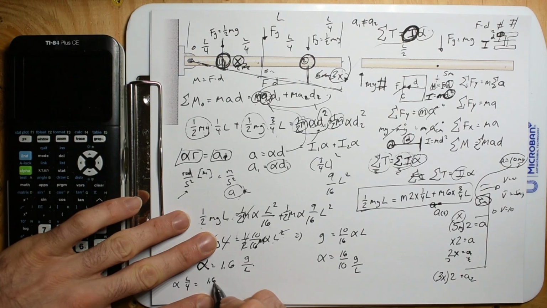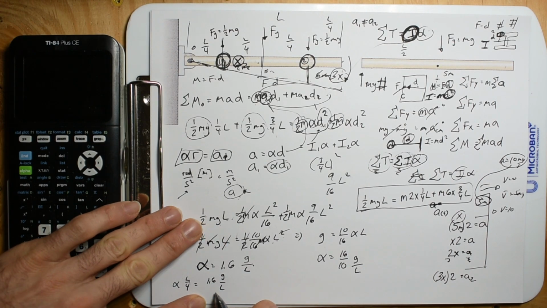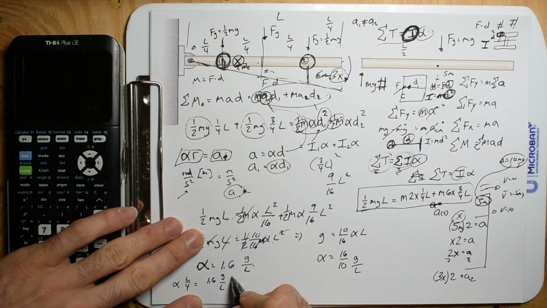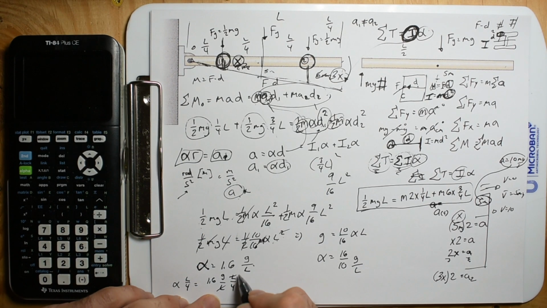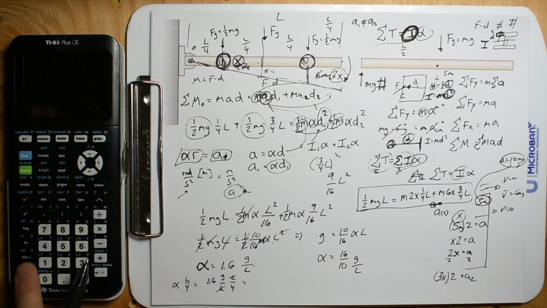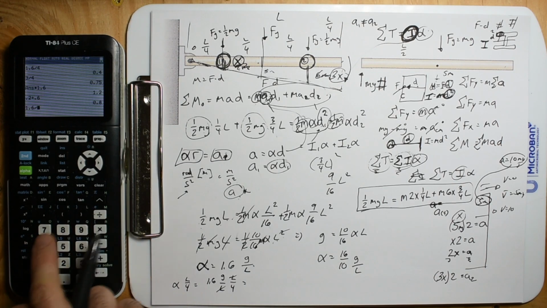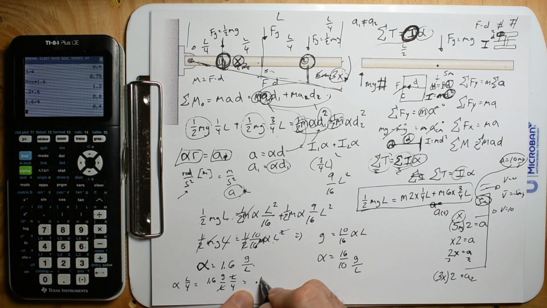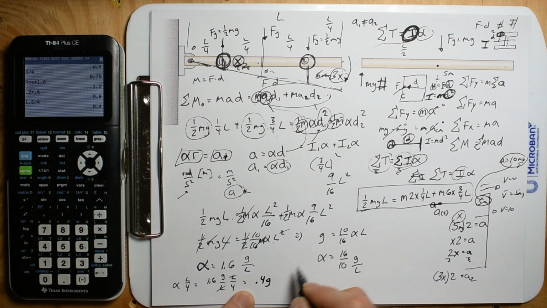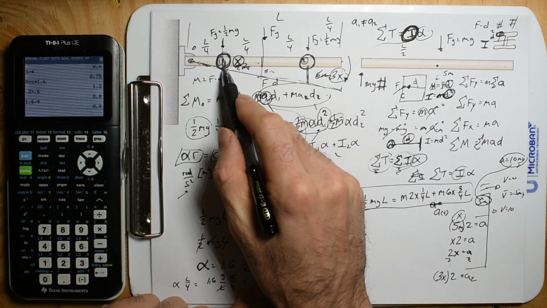That's going to be 1.6 g divided by L, multiplied by L divided by 4. The L's cancel, and I'm going to get 1.6 divided by 4, which is 0.4 g. That's going to be my acceleration, 0.4 g right there.